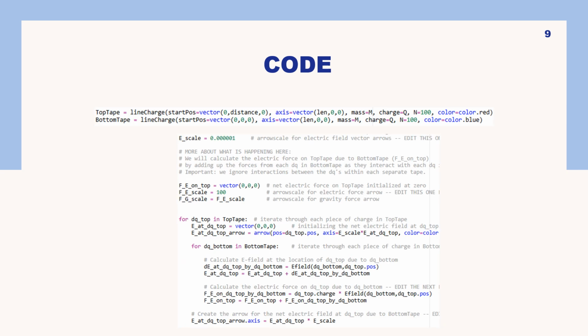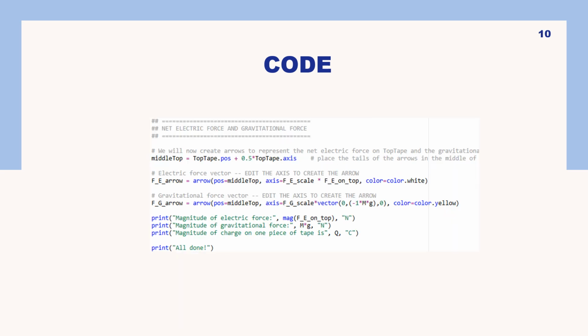Both the top and bottom tapes start at 0 in the x direction, and then the top tape starts at a distance in the y direction, and both the tapes are the length long with mass m, charge q with 100 observations, and the scale is set for the arrows, and then the electric force and the gravitational force are set equal to each other, and then for each charge in the tape, they're calculated, and that's done for both the top and bottom, and then they're scaled.